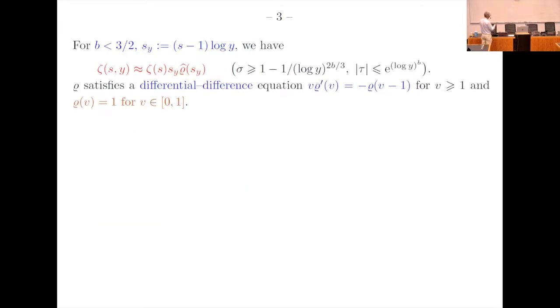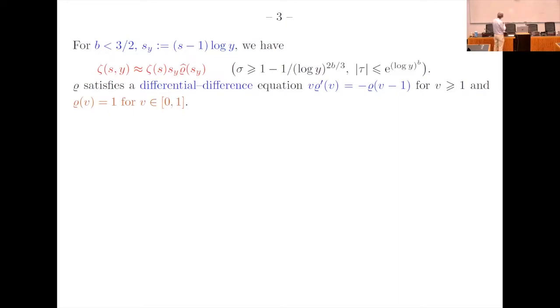Here you have a bound on tau. Then you can get a good approximation of the Dirichlet series. It is approximated by zeta of s times S index y, where S index y is s minus 1 times log y, times the Laplace transform of a function rho.